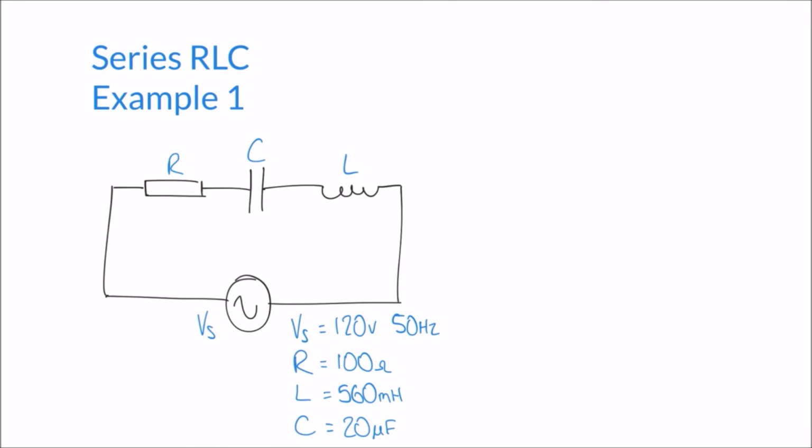So we're simply going to say that the current I is equal to V over Z, the voltage divided by the impedance. So in this case, we're going to continue to use polar form in our calculation. So the voltage is 120 volts, but we're going to say that that's 120 volts at an angle of 0 degrees. In this case, our supply voltage is our reference phasor, and so that's going to be at 0 degrees.